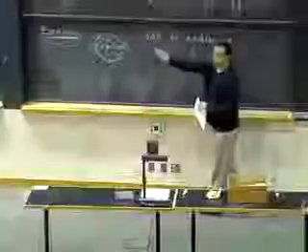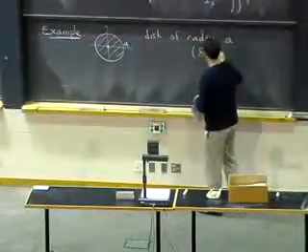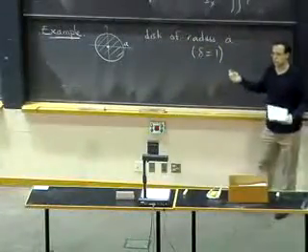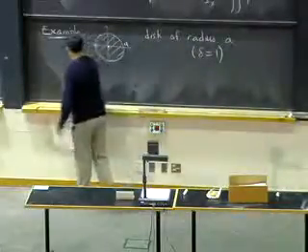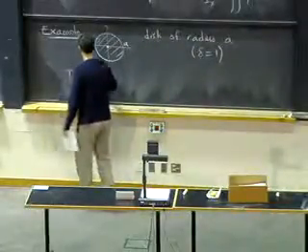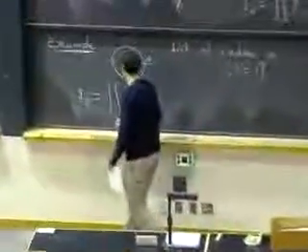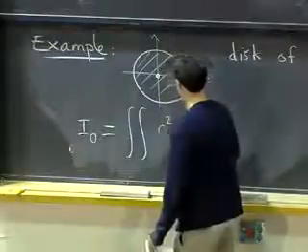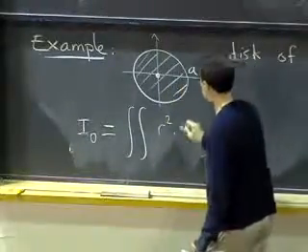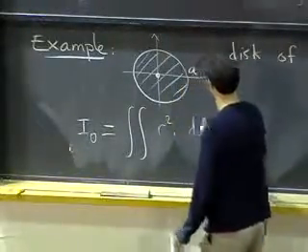And let's say that it's of uniform density, and let's take just the density to be 1, so that we don't really care about the density. So what's the moment of inertia of that? Well, we have to integrate over our disk r squared times the density, which is 1, times dA.